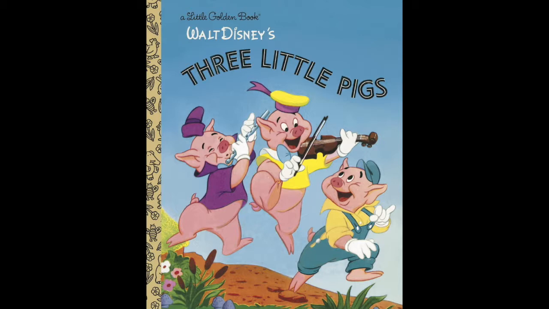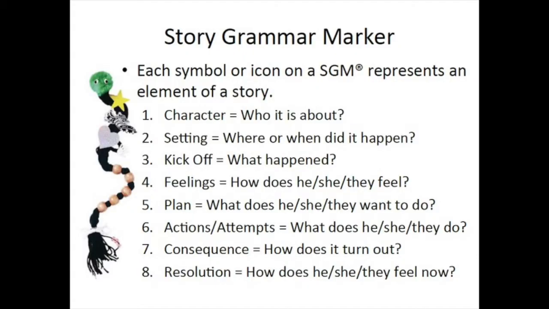So you would start your session reading the story 3 Little Pigs. Then after reading the story, you would bring out Braidy the Story Braid. Look at each icon one at a time.